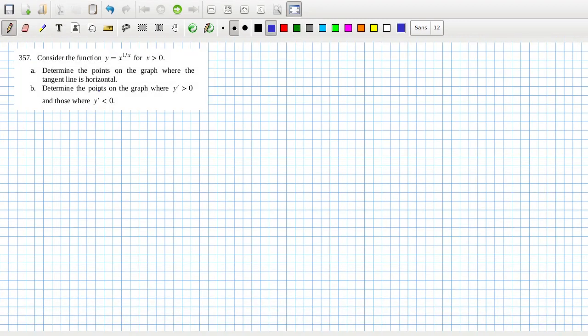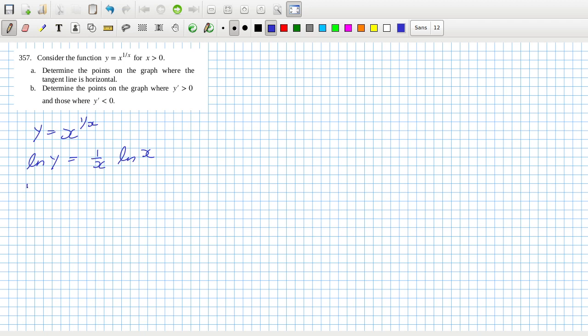Consider this function y equals x power 1 over x. Determine the points on the graph where the tangent line is horizontal. Determine the points on the graph where it's positive and negative. Okay, so we can say log y equals 1 over x log x.